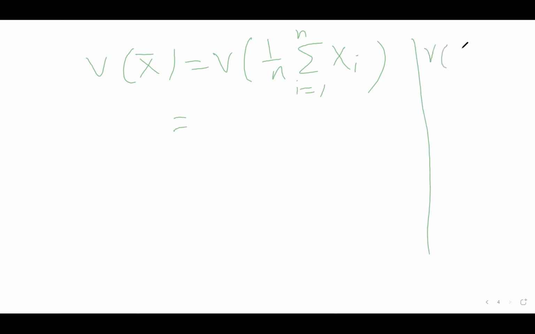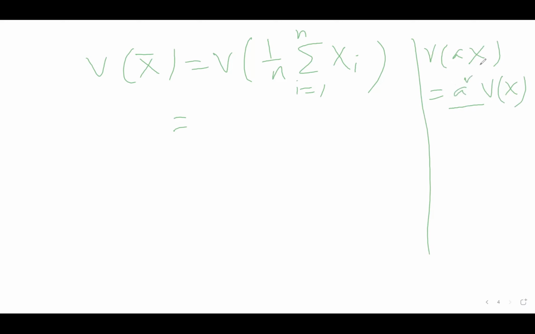You already know variance of ax is equal, we can take out a outside. So what should we write here? A or a square? Yeah, we have to write actually a square, not a.